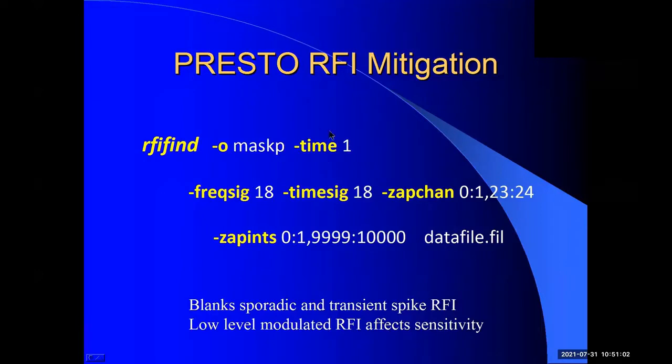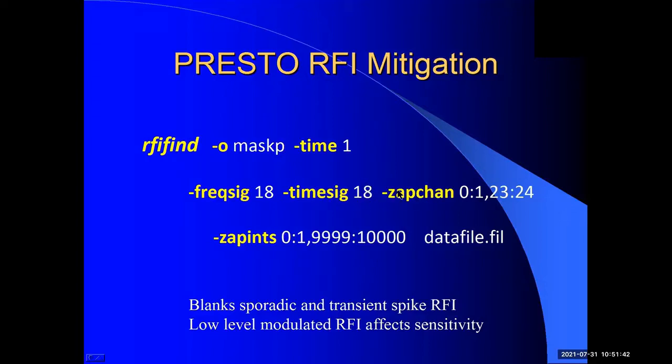So the two packages I'm going to describe, the first one is for RFI mitigation, and it's RFI find. It's a command line instruction. The output is a mask file. The time is the sort of time period in blocks that it works on. Freq-sig and time-sig set thresholds for spectral RFI and transient RFI.